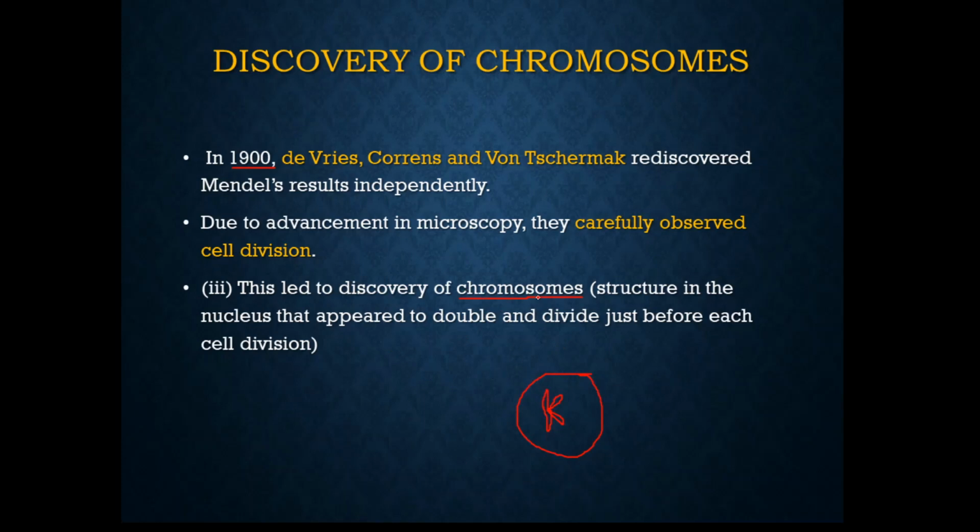This correlation between rediscovering Mendel's laws and identifying the chromosomes during cell division marked a greater advancement. This linking between chromosomes and the rediscovery of Mendel's work is a very crucial aspect.